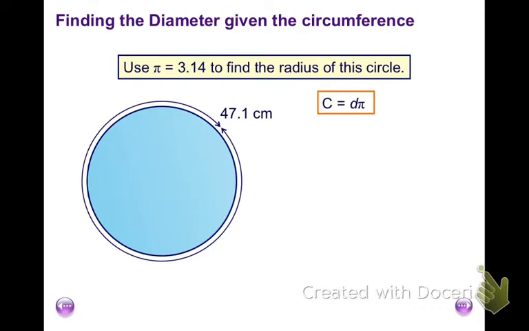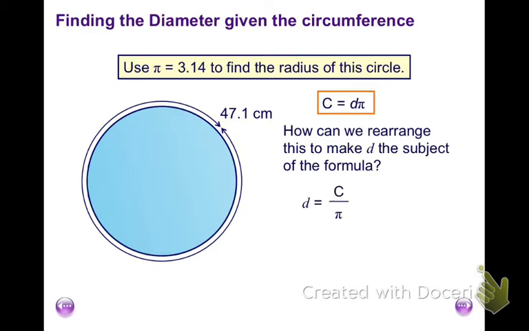Again, divide both sides by pi by rearranging it, and get diameter is equal to the circumference divided by pi, and that will give us the diameter. If you're ever asked to find both, you could take the diameter and divide it by 2 to find the radius. But in this case, 47.1, the circumference, divided by pi, 3.14, is equal to 15 centimeters. So that would give you a radius of about 7.5 centimeters, and it's okay to have decimal measurements.